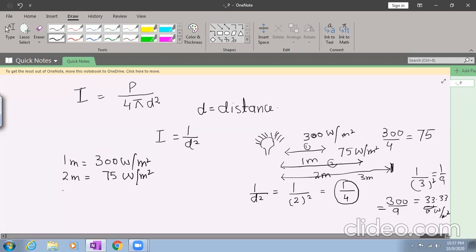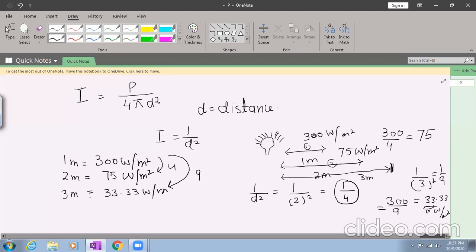Now when I increase my distance again, I got this value 33 point. So from this the light intensity decreases 4 times, right? And now in this case, when I triple the distance, the light intensity decreases by 9, right?